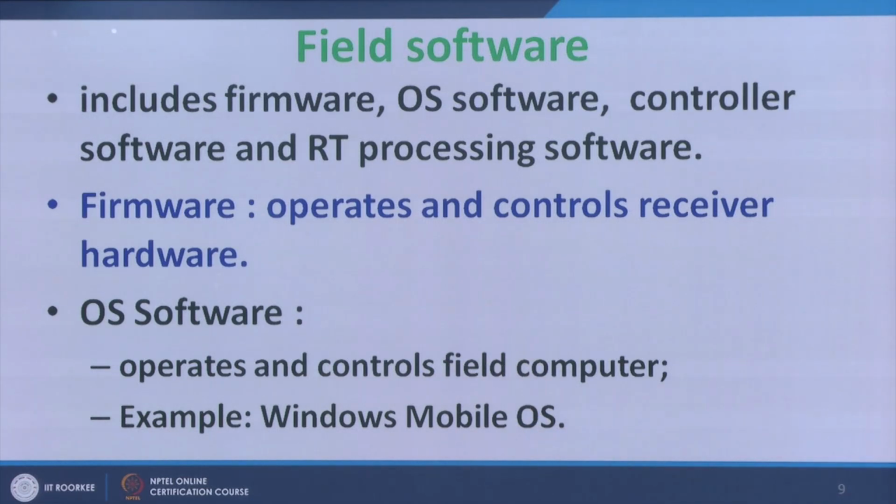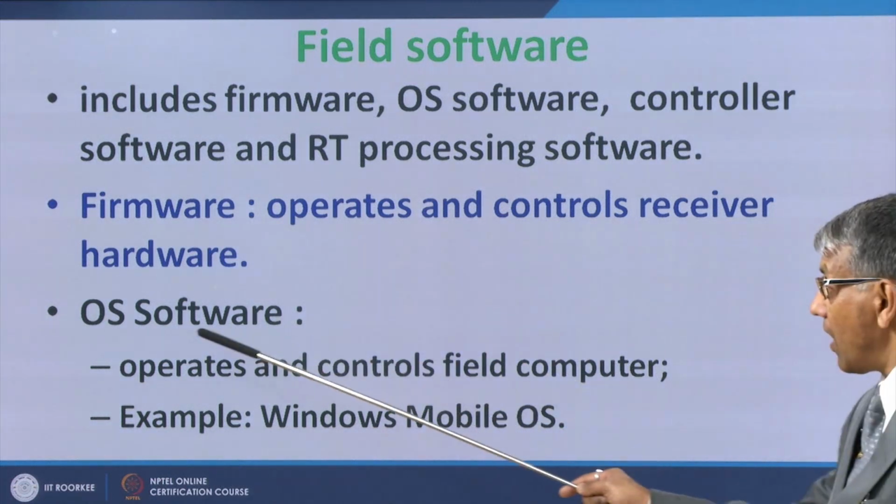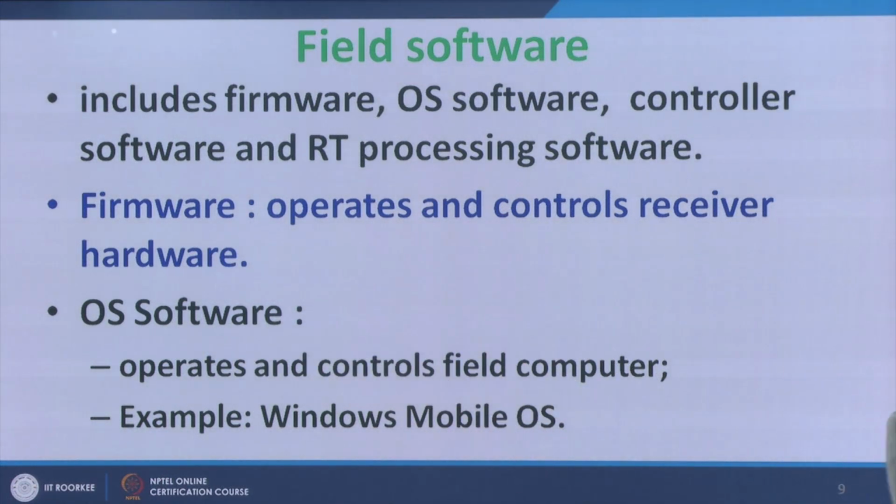Then this firmware works within an operating system software, and this operating system software operates and controls the field computer that is attached with the controller system. Generally Windows Mobile operating systems are widely used for the computer associated with the GPS controller.